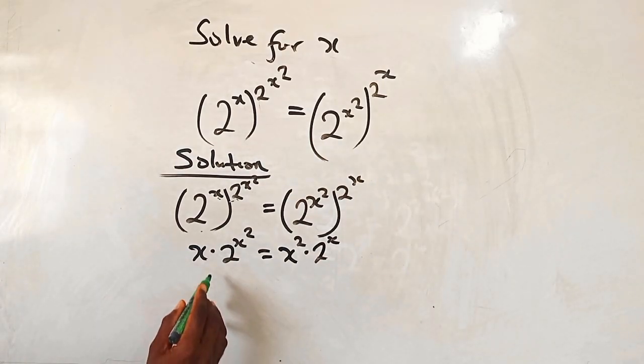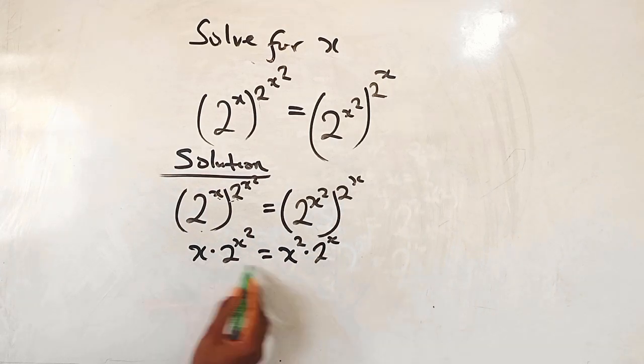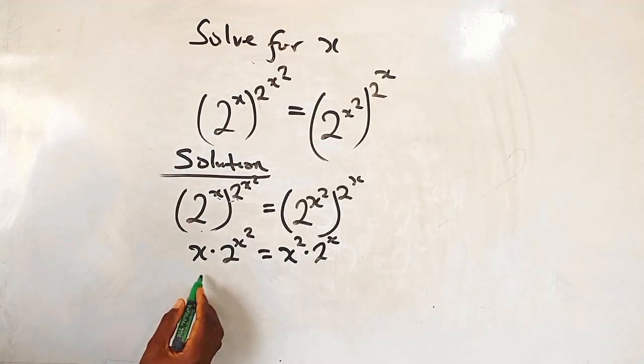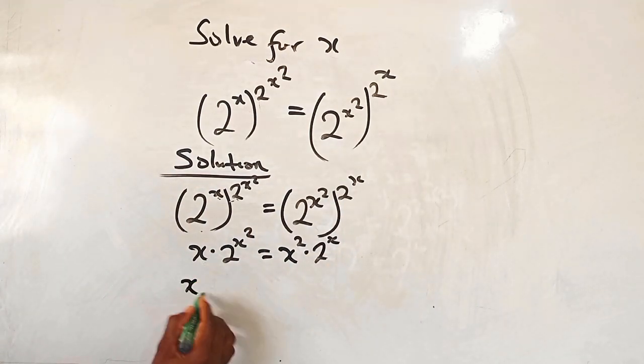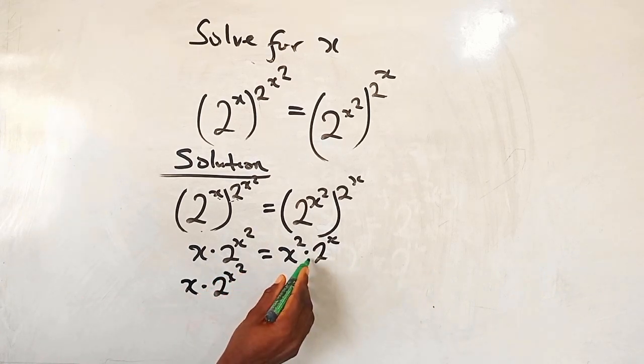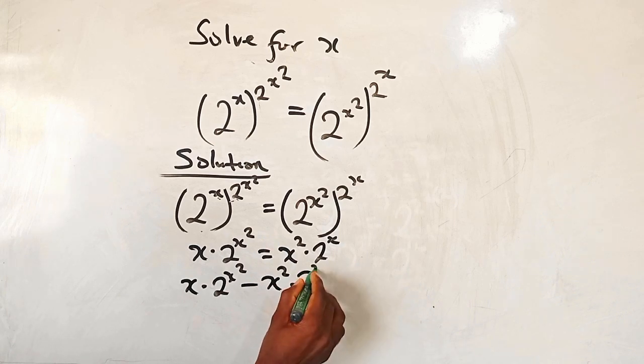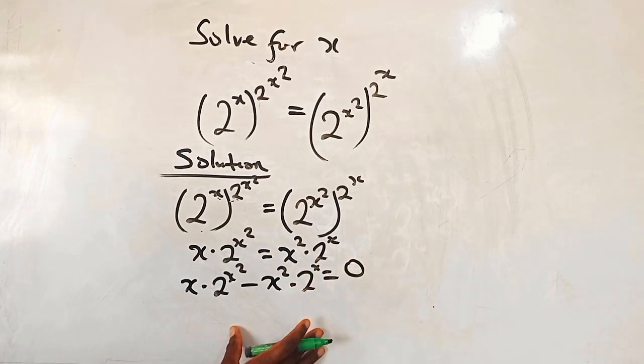From here we can look at this and set up an equation and equate this to 0. So how do we do that? We have x times 2 raised to power s squared, minus s squared times 2 raised to power x equals 0.